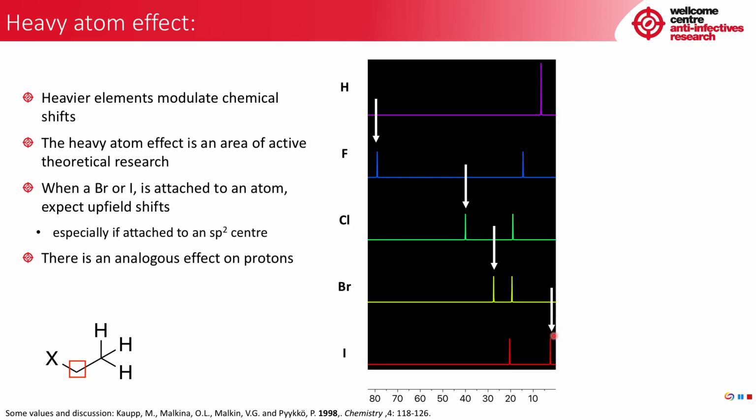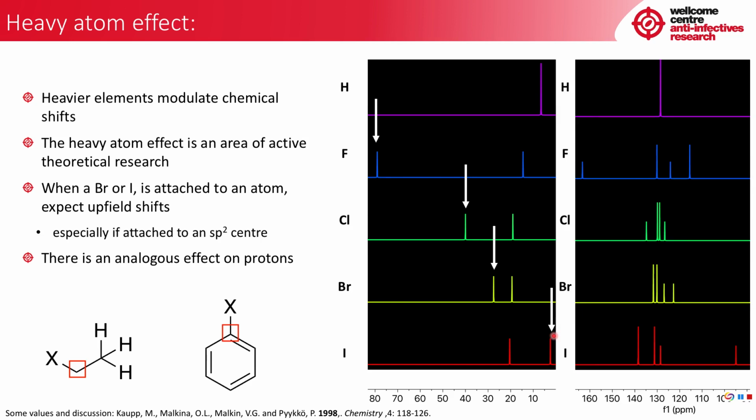So if we now look at halobenzenes, these are sp2, so we expect to see a stronger effect. Again, we can see a single peak for benzene, it's about 130. If I just highlight the ipso attached carbon, and again for fluorobenzene, we're seeing the ipso carbon is heavily influenced by the attached fluorine.